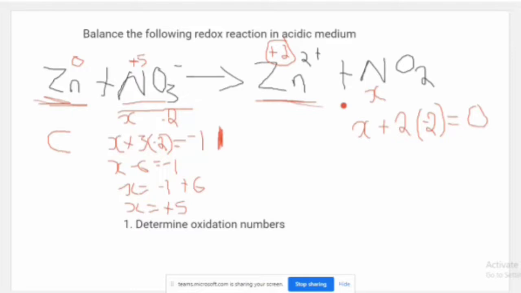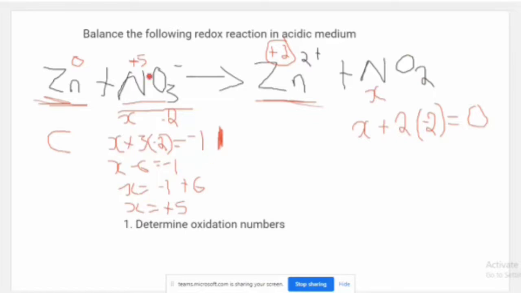There's a rule which says that the sum of the oxidation states of elements in a given compound should be equal to its charge. So if you look at this nitrogen dioxide here, it doesn't have any charge. The charge is 0. So the oxidation state of nitrogen plus oxygen should be equal to the charge, 0. Oh, yeah, now I get it.